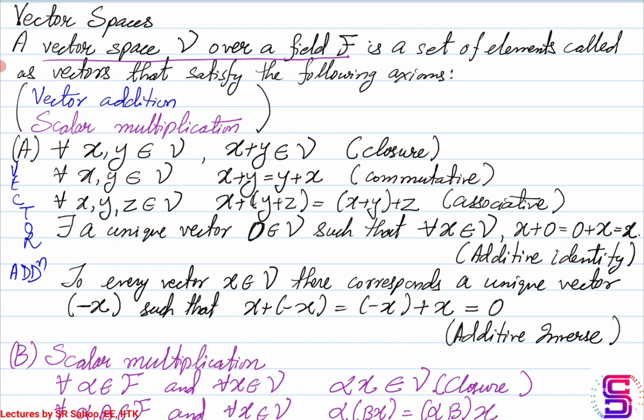These properties are based on two operations. One is an operation that is performed within the vectors. And there is another operation performed between an element from the set V and an element from the field. This operation is called scalar multiplication.